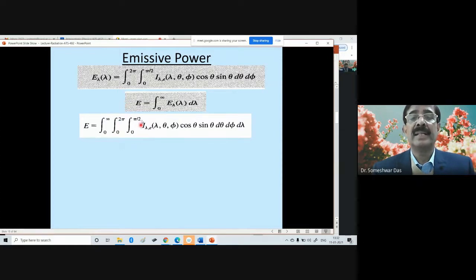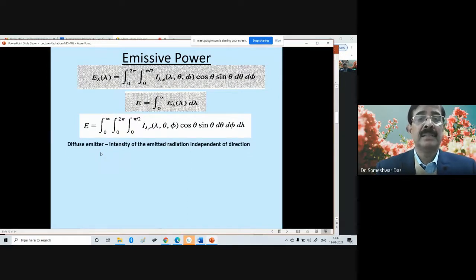The integration of I lambda E, a function of lambda, theta, phi, times cos theta sin theta d theta d phi d lambda. So basically this is integrated further for all the wavelengths, 0 to infinity. This is the total emissive power.